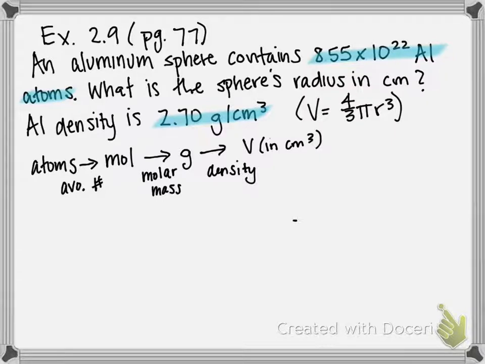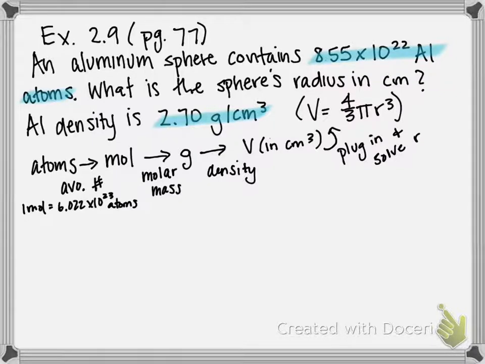Then, once we have the volume, we can plug that in to our volume equation and solve for radius. Seems simple enough, hopefully. We'll be able to get there. So remember Avogadro's number, 1 mole is equal to 6.022 times 10 to the 23rd atoms.